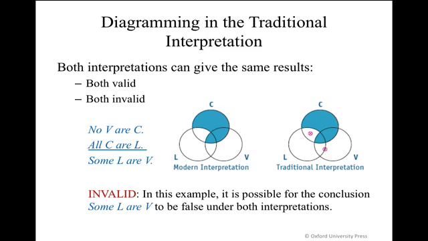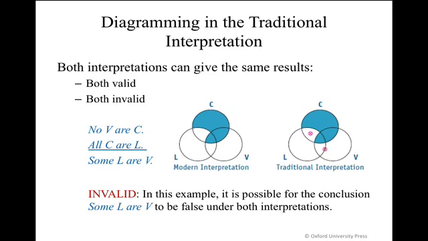But now take a look at the traditional or Aristotelian interpretation. Let's start with the minor premise, all C are L. So the area of C outside of L is shaded. And then you see that you have a circled red X in the CL area of overlap.